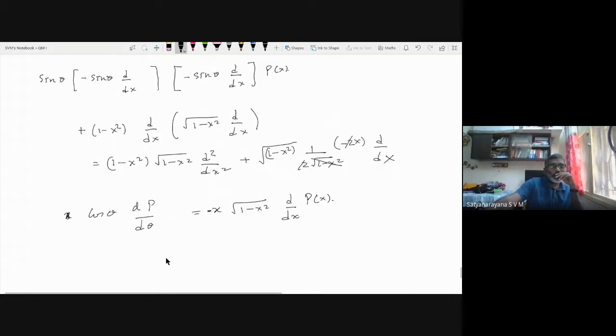So how will this equation look like? The differential equation for theta in terms of x is equal to cos theta.